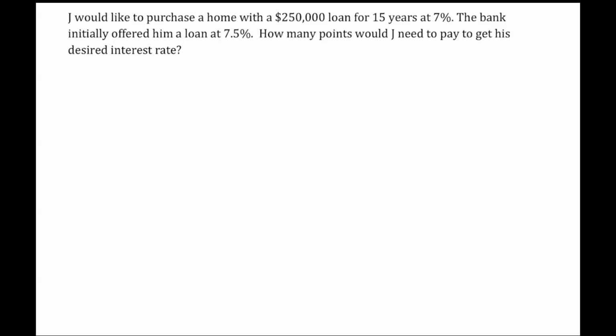So we got to figure out how many points he needs. We have two interest rates here, 7.5% and we're trying to get to 7%. We got to know what's the difference there.